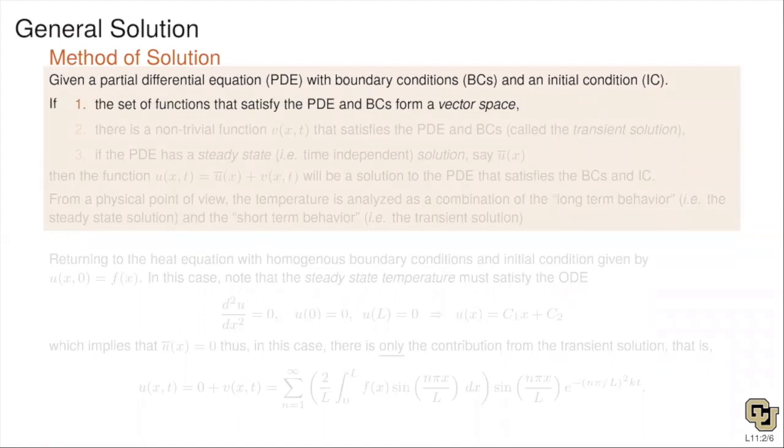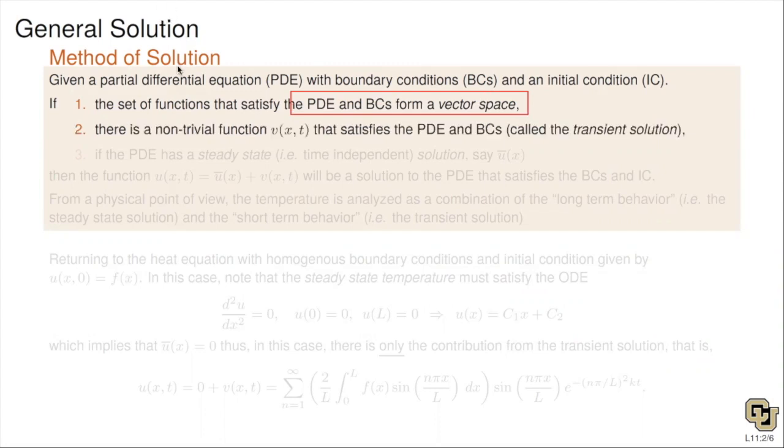Number 1, the set of functions that satisfy the PDE and boundary condition form a vector space. I didn't include the initial condition. 2, if there's a non-trivial function v of x,t that satisfies the PDE and boundary condition, which is called a transient solution.